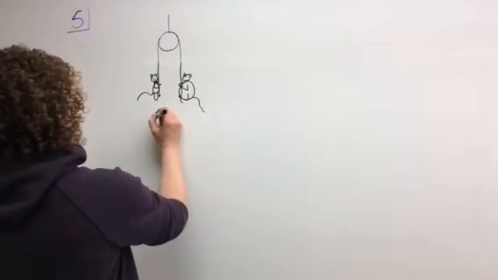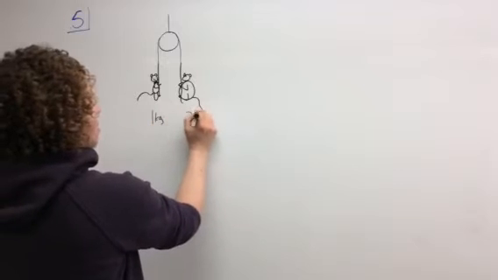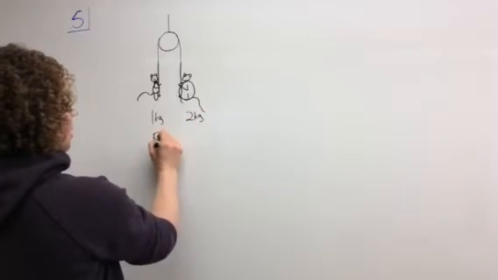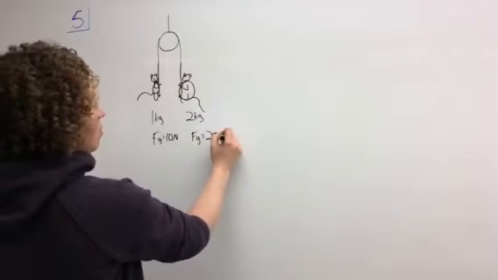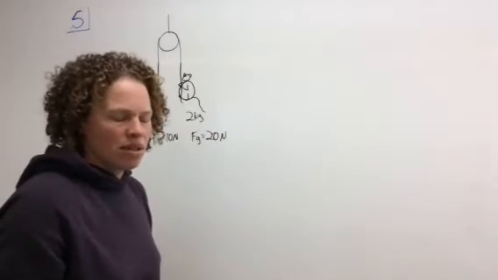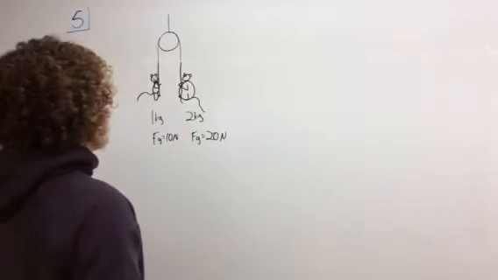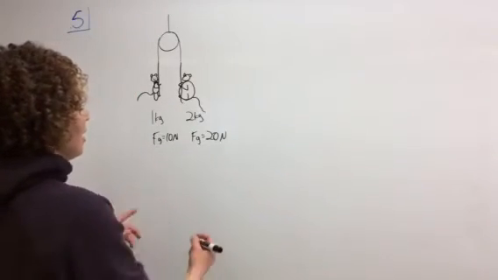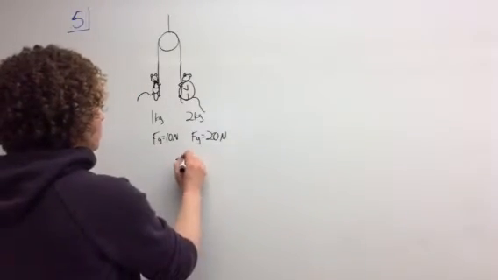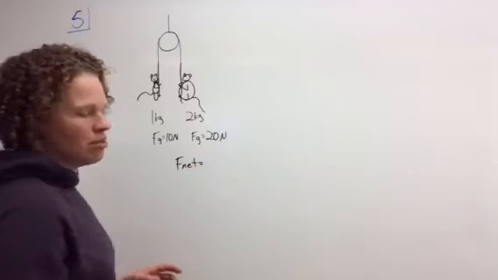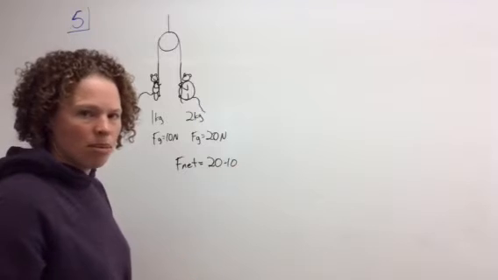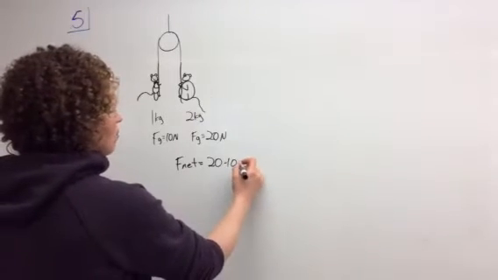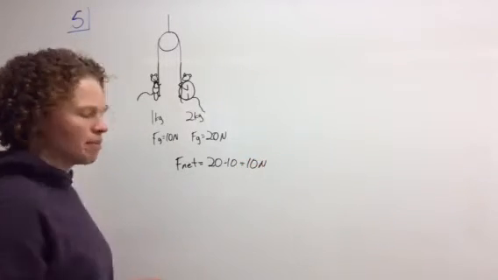So if this guy weighs 1 kilogram and this guy weighs 2 kilograms, then the force of gravity on this guy is going to be 10 newtons. The force of gravity on this guy is going to be 20 newtons, because they're using 10 instead of 9.8. So that means that my net force, which is always what I'm interested in, is going to be 20 minus 10, because they're acting in opposite directions, and the net force is going to be 10 newtons.